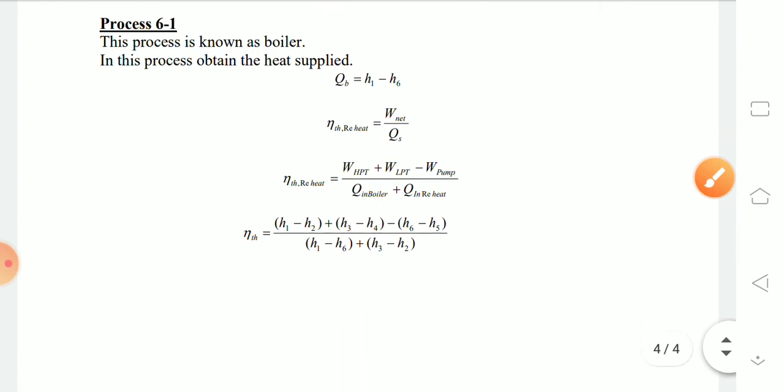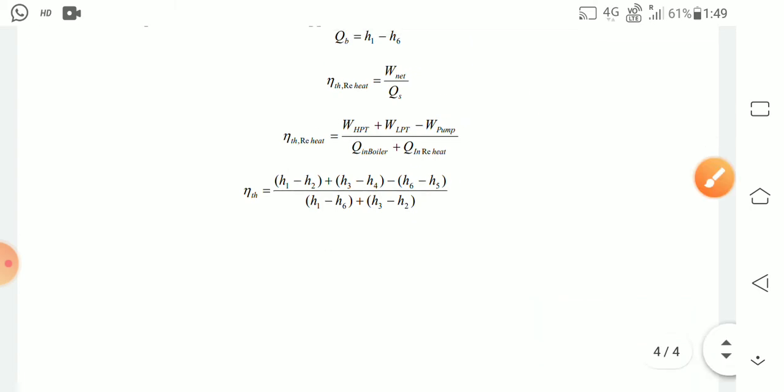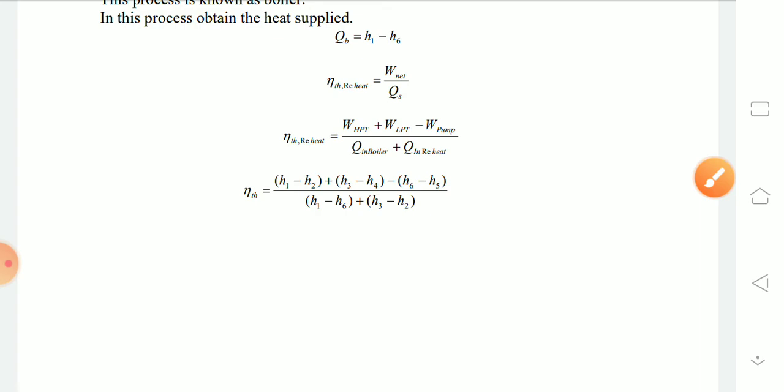You know that thermal efficiency is the ratio of net work divided by heat supplied. Net work is the total work of the high pressure turbine plus the low pressure turbine minus the pump work, and the heat supplied is inside the boiler plus in reheat.